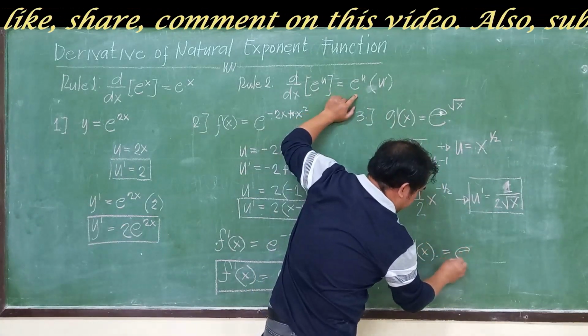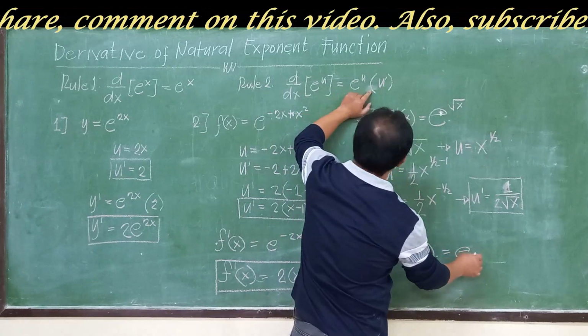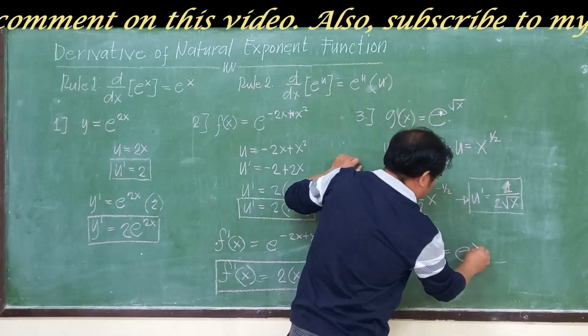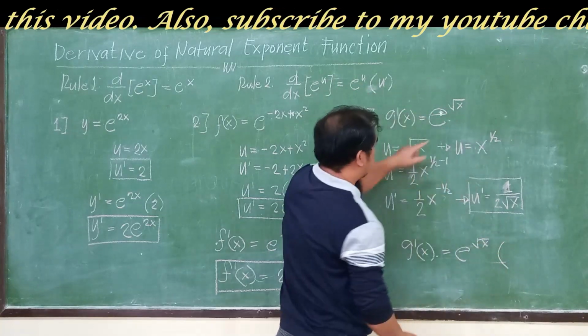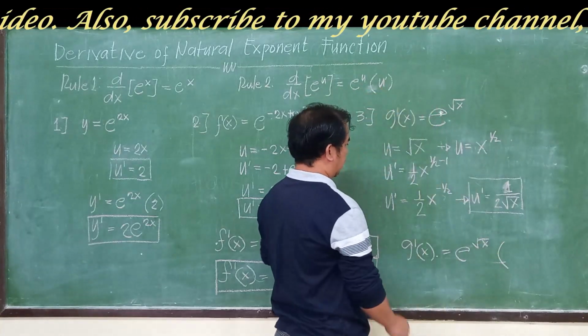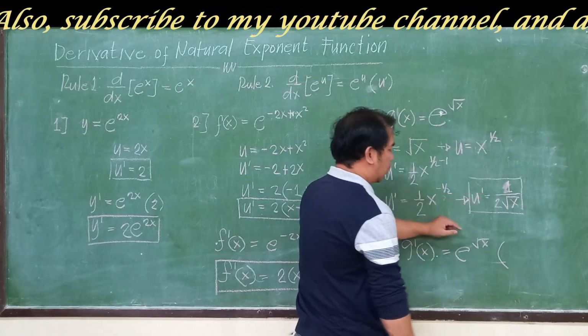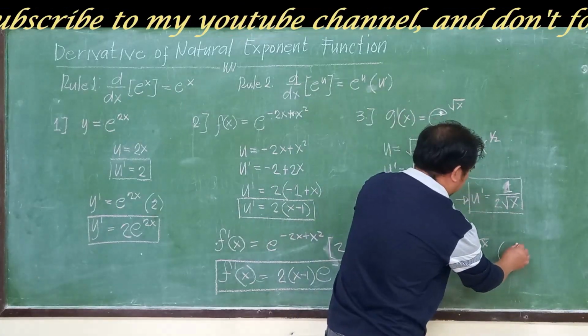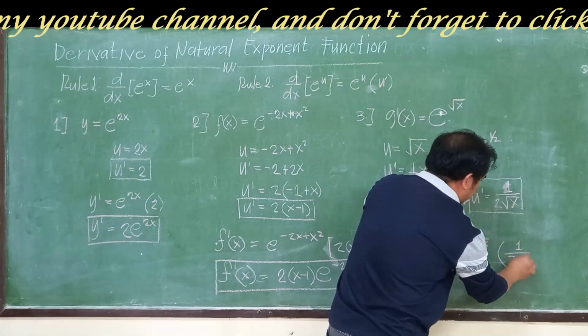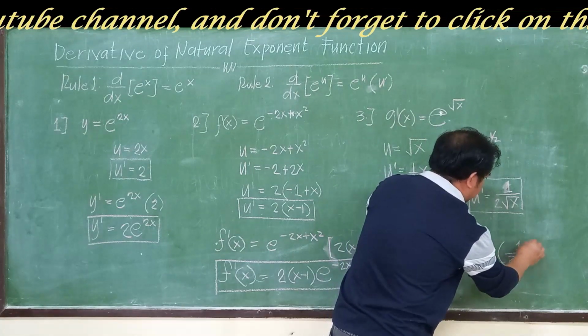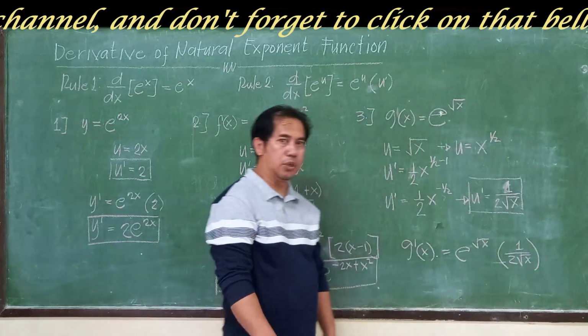We have in here e raised to u, which is the square root of x, multiplied by the derivative of the u. What is the derivative of the u? We have in here u prime now is equal to 1 over 2 the square root of x.